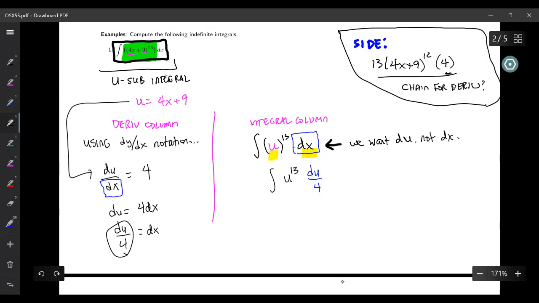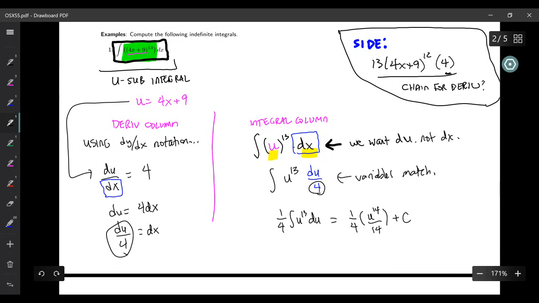Now my variables match. Now I'm allowed to integrate. But before I do that, I'm going to go ahead and just pull out this 1/4. So this is going to be 1/4 u to the 14th over 14, and then plus a c.